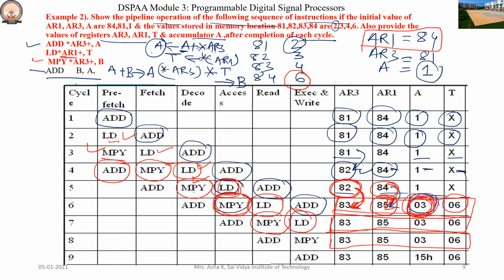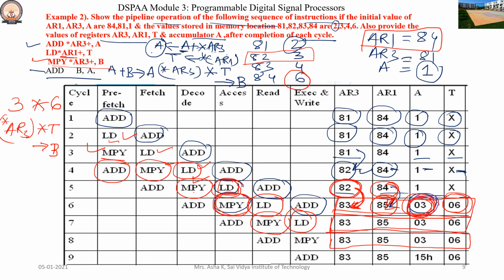But when this instruction is executed, the content of AR3 is multiplied with the temporary register, and the result is stored in the accumulator register B. The content of AR3, which is present at 82, is 3, multiplied with the temporary register content, that is 6.